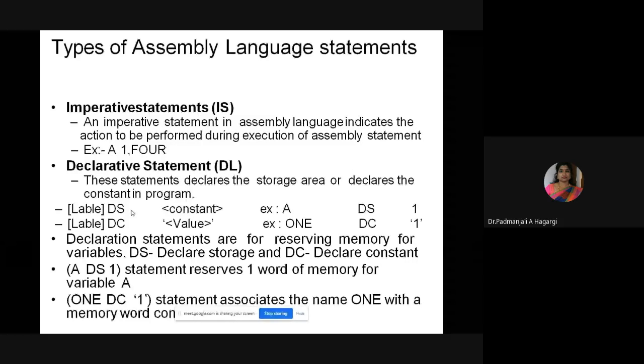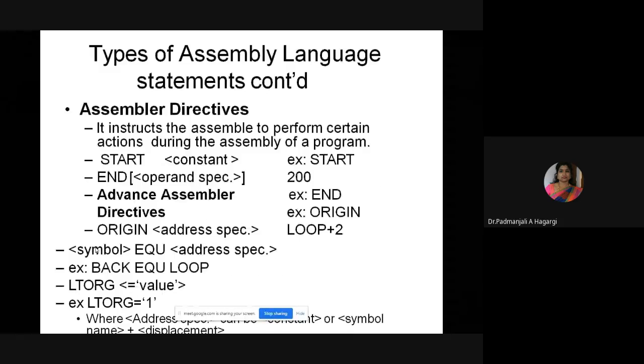Such declare constants, here is the example, are said to be declarative statements. Imperative statement, declarative statement, and assembler directive statements like START and END, and advanced directive statements like ORIGIN, which specifies the address at which the statement is to begin, and also EQU with a label, and also LTORG, the literal origin.